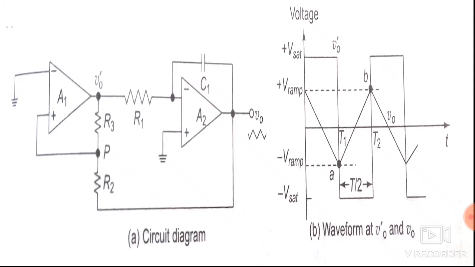As soon as this potential difference becomes less than 0, the output will change directly from plus Vsat to minus Vsat. So now the output of operational amplifier A1, that is V0 dash, becomes minus Vsat.